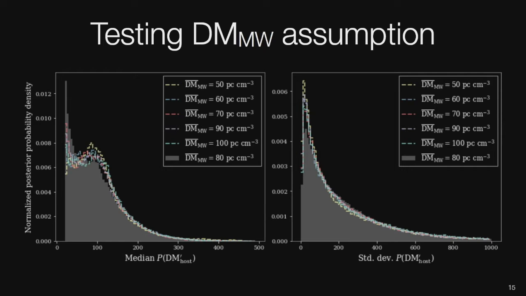And you can see here that what I can confidently say is the statistical uncertainties are larger than the uncertainties provided by the variance in this DMMW assumption. And so with that, we just proceeded with DMMW equals 80.